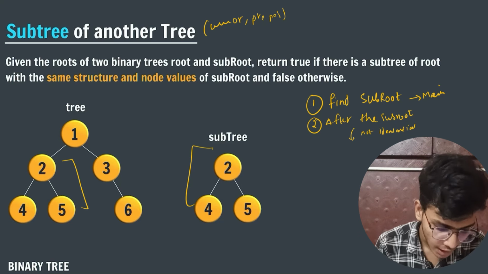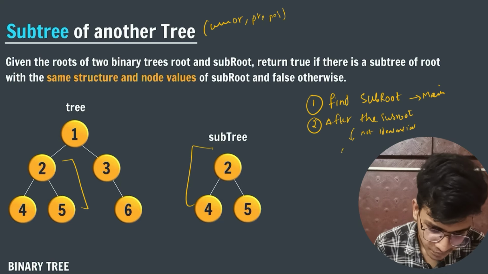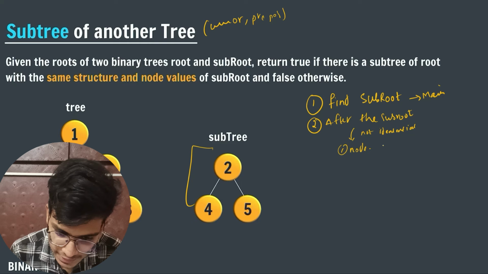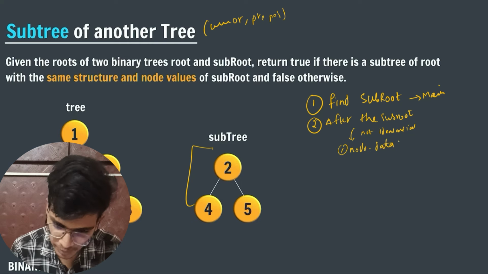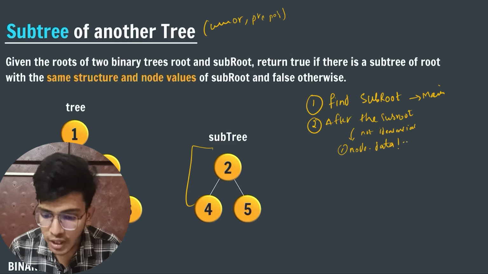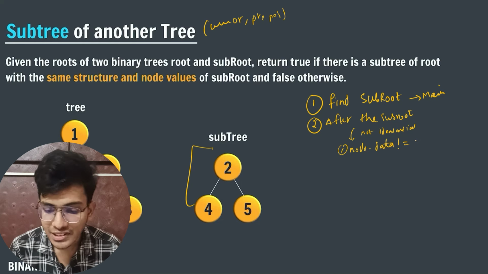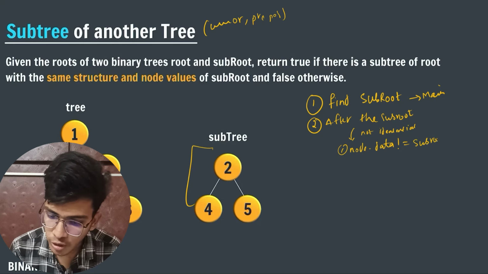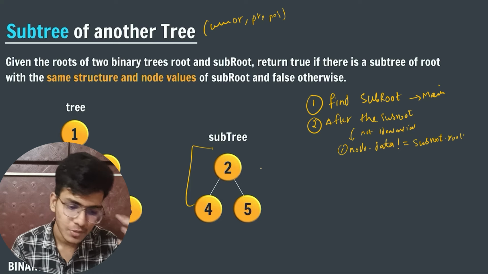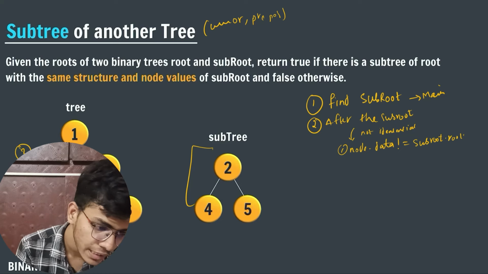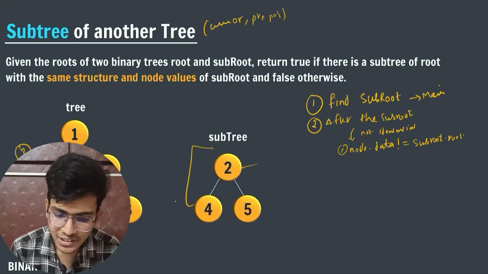So the conditions are, first one is that the main tree node.data should not be equal to the subroot.data. If this condition is true, it means that here I am having some value 3 instead of 2 and my subroot is 2.